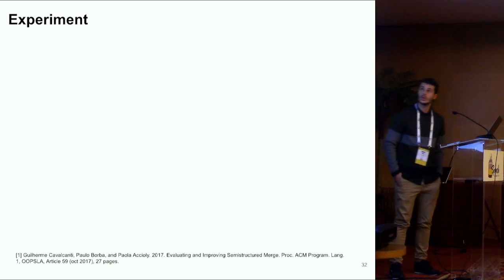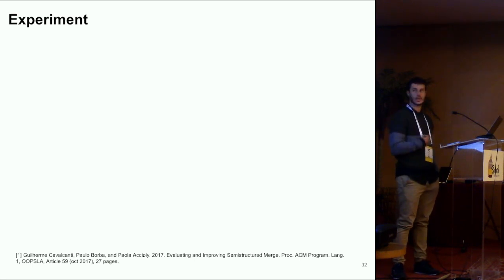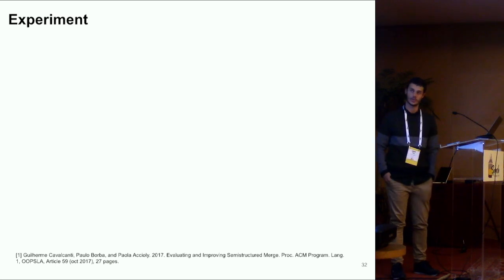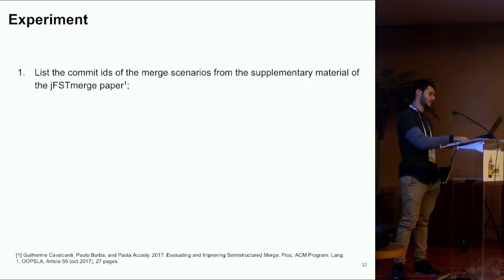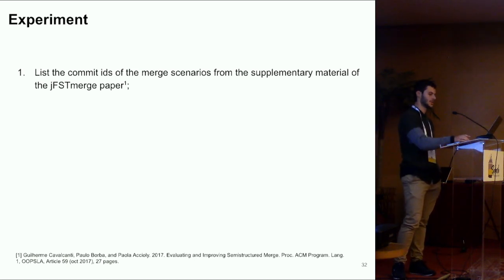Okay, we also conducted an experiment to prove the feasibility of our approach. To our knowledge, there are no real merge scenarios that have any form of identity attached to them, so we had to fabricate them ourselves. So we start by obtaining the merge scenarios from the material of the JFCT merge paper.